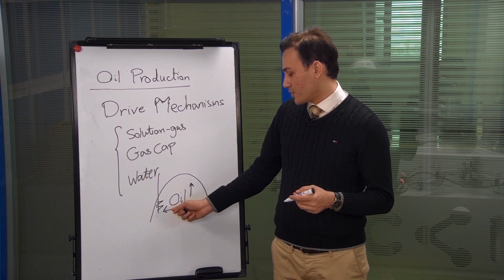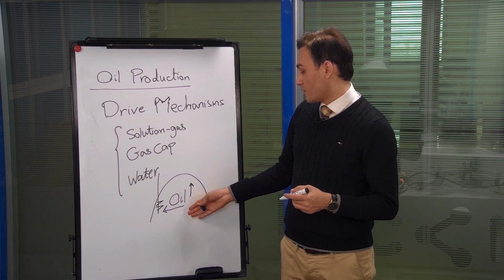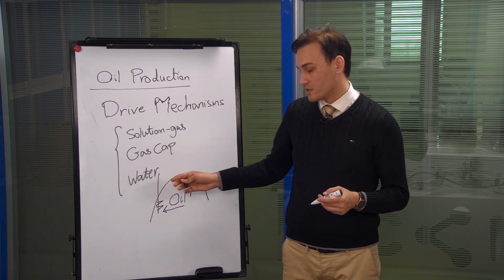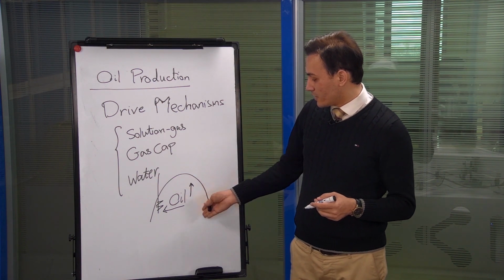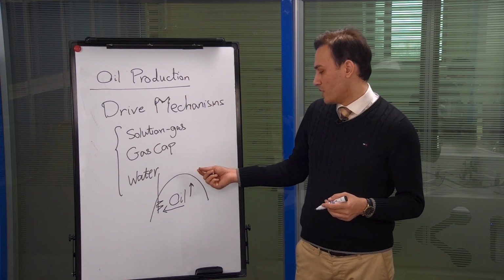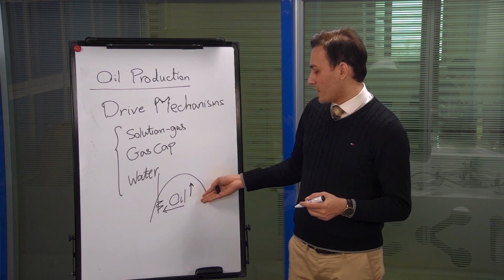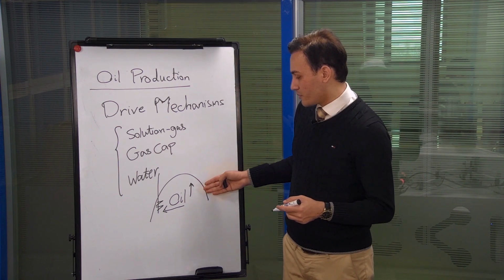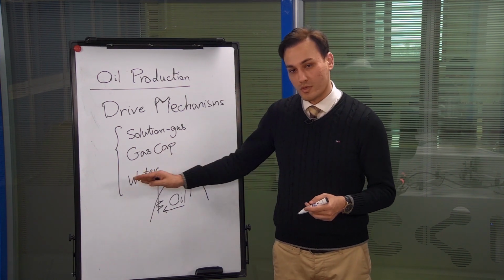So depending on the properties of the rock, mainly related to permeability, if we have higher permeability in this direction, the gas bubbles will just move upward, and if we have better permeability in this direction, it will move toward this.